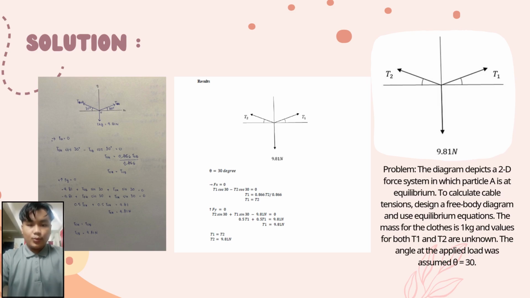As we can see here, we have a 1 kilogram mass, which represents the clothes hanging in the middle of the tension cables, and then we have two tension cables, T1 and T2, with the same angle of 30 degrees on both sides from the X axis, as we can see in this FBD.